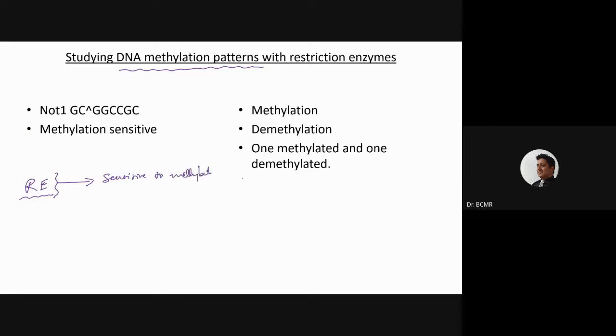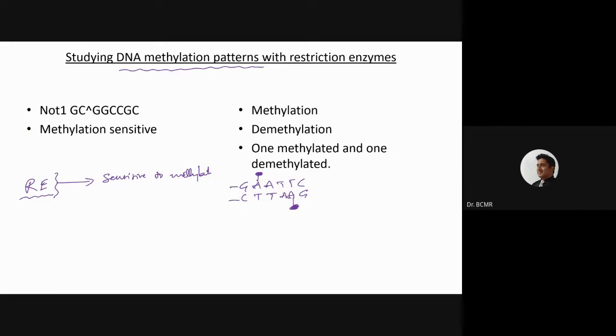That means if it is EcoR1, it recognizes a sequence like this. If the DNA is methylated, say for example like this, then EcoR1 cannot cleave it. It is somehow inhibited from acting on this site by the methylation of this site.